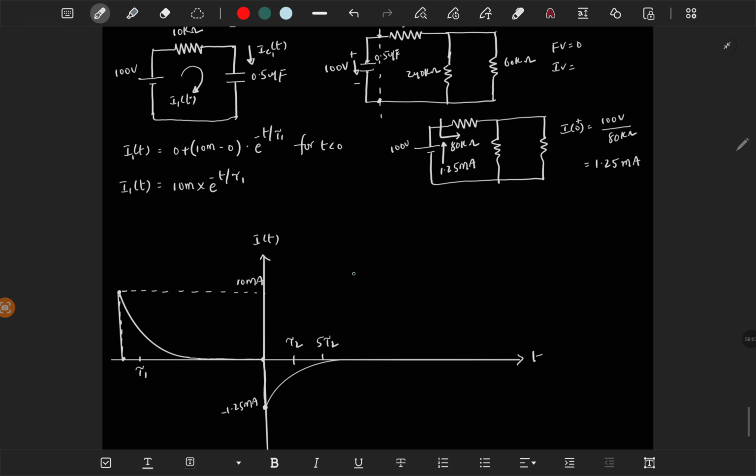And if you write the expression, then you will get 10 milli e power minus t by tau 1 u of minus t plus minus 1.25 milli times e power minus t by tau 2 u of t.